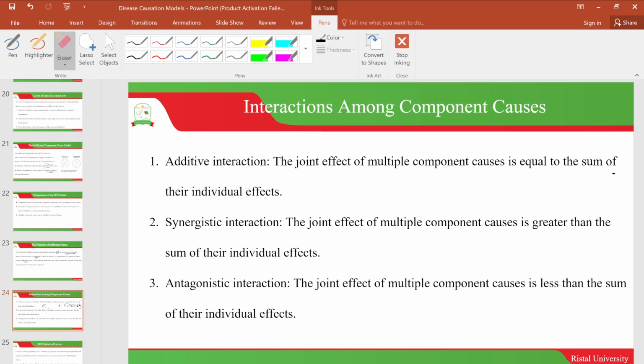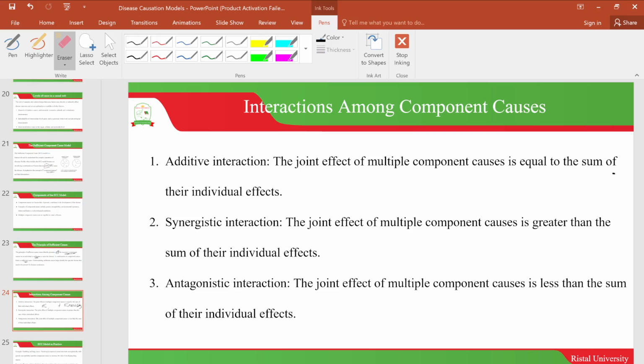So basically, on this slide, we are illustrating that component causes play roles in causing the occurrence of a particular disease. You have different factors that come into play in the occurrence of a particular disease.